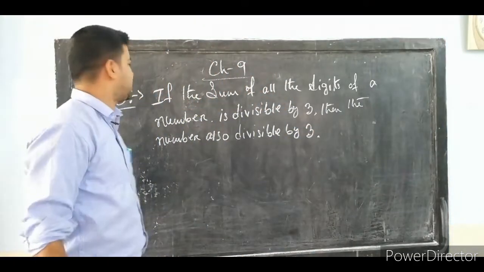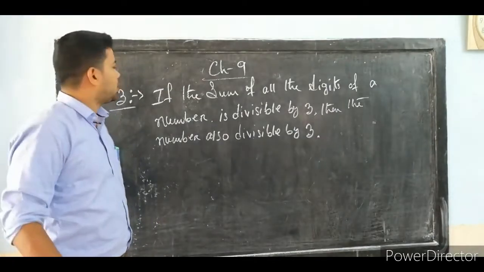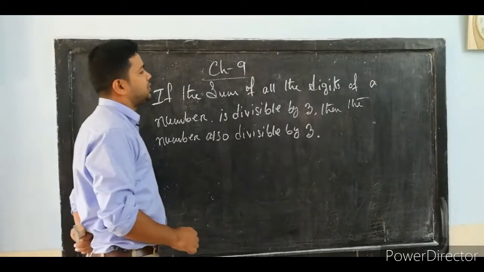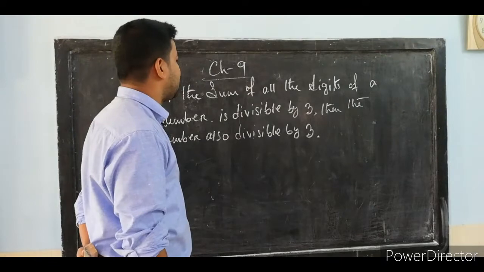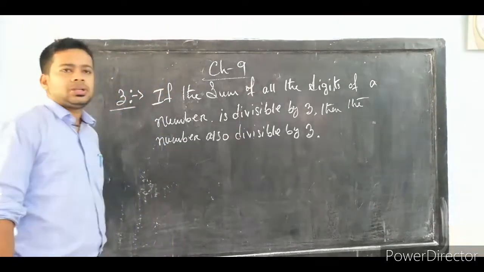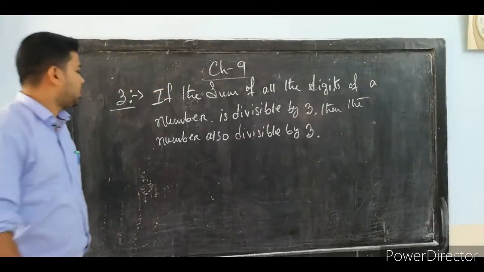So what I said is that if the sum of all the digits of a number is divisible by 3, then the number also is divisible by 3.